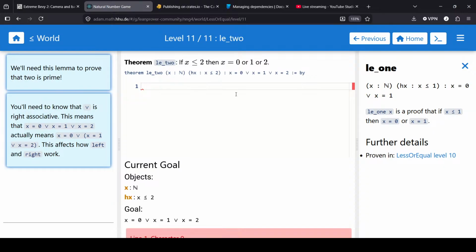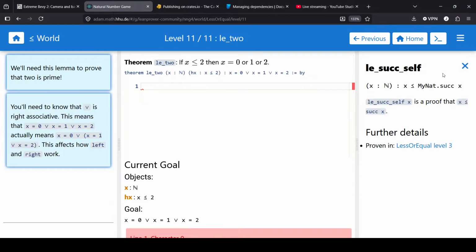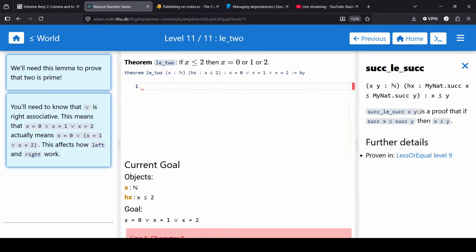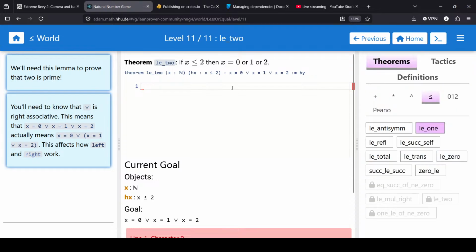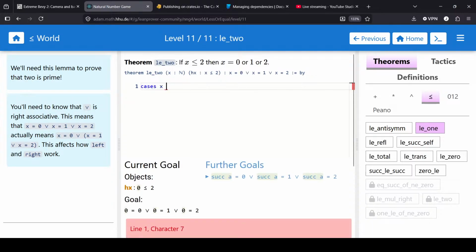Alright, so we got x less than or equal to 2 this time. They said that, wait, no. Suck less suck would be useful for both of these levels. So that means this level will also use suck less suck. So that means I need to preserve the inequality like we did last time, and cases on x again.